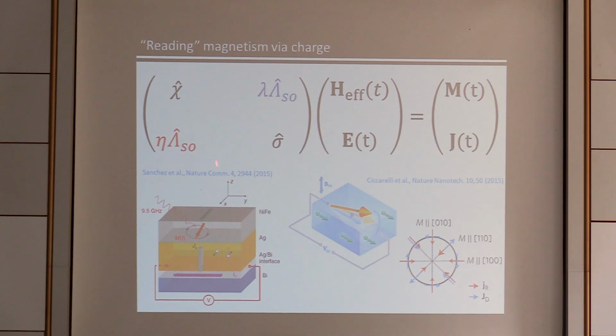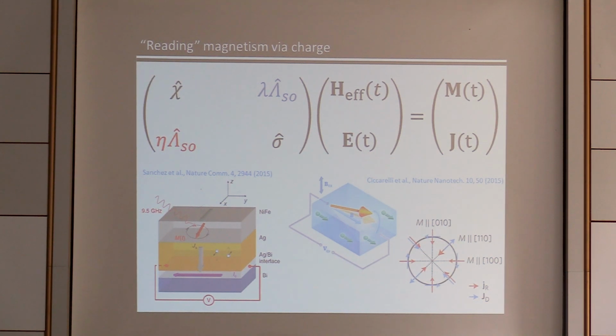So the diagonal elements here, for example, this one, connects the magnetic field to the magnetization, and it's obviously the susceptibility. This diagonal element here connects the electric field to current, and is the conductivity. If we had to represent in this matrix the spin-orbit field, so the control of magnetism via charge, this would correspond to this off-diagonal element, which connects the electric field to the magnetization.